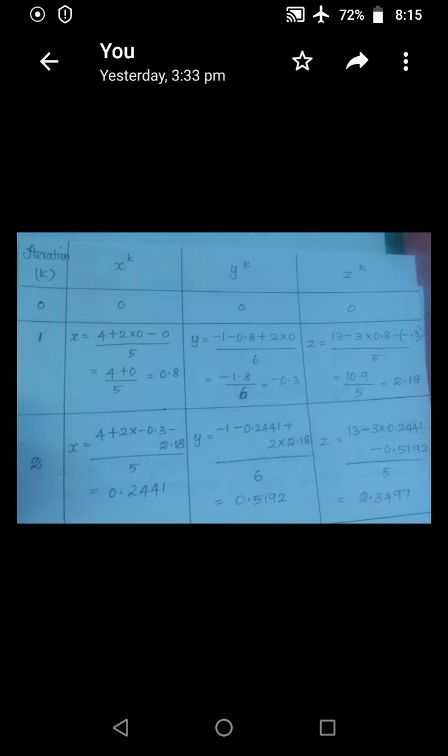Y value is 0.5192, and minus 3 into x value, that is 0.2441, divided by 5 is equal to 2.3497. In this way I have found the third and fourth iterations, and I have continued to the fifth and sixth iterations.